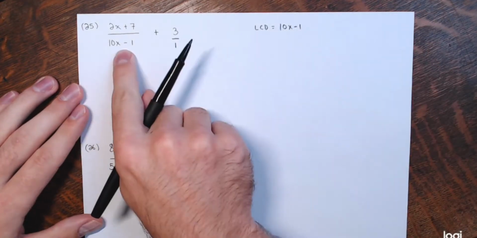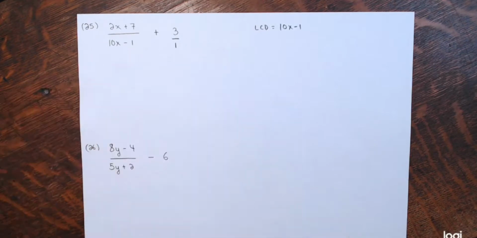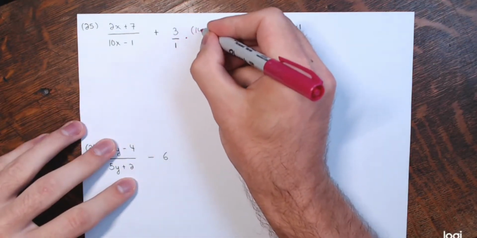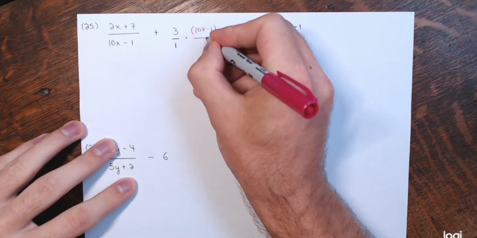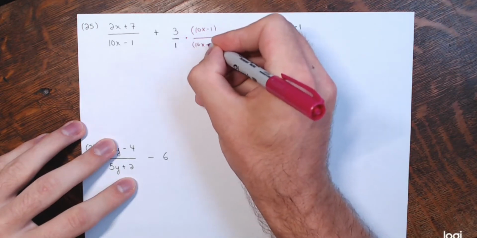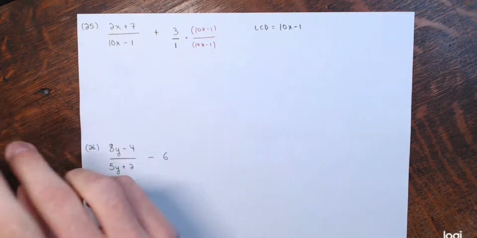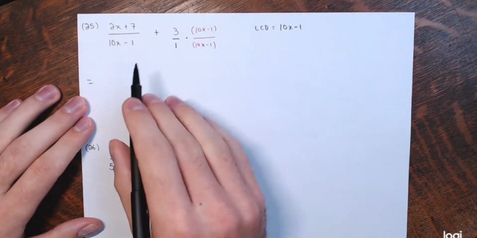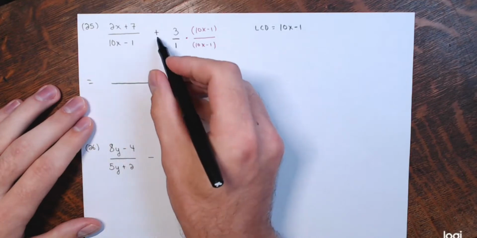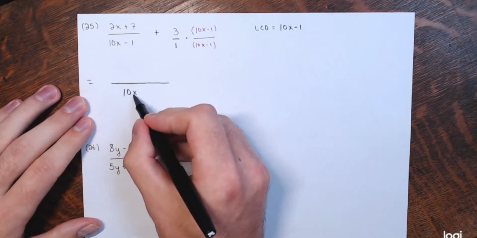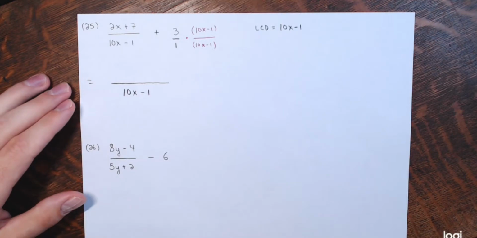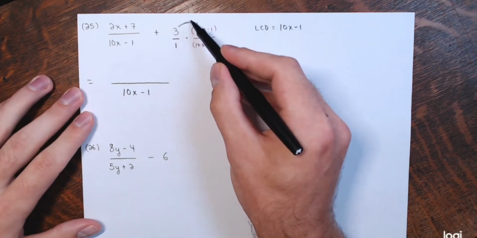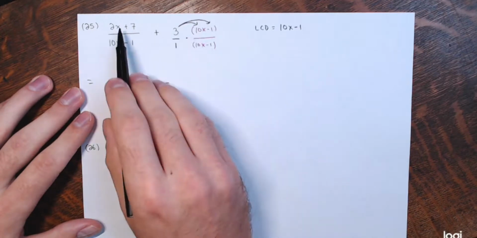So the first fraction I'm not going to do anything to. It's the second fraction. Right? I'm going to multiply the numerator and denominator of this by 10x minus 1. So that way both denominators are 10x minus 1. And if both denominators are 10x minus 1, when I add them, that's going to be the denominator of the sum. And I'll be distributing the 3 to this 10x minus 1 here, and then we're going to add in the numerator.